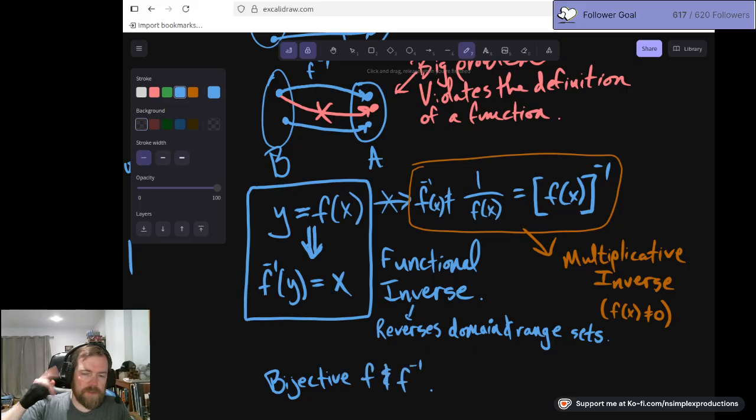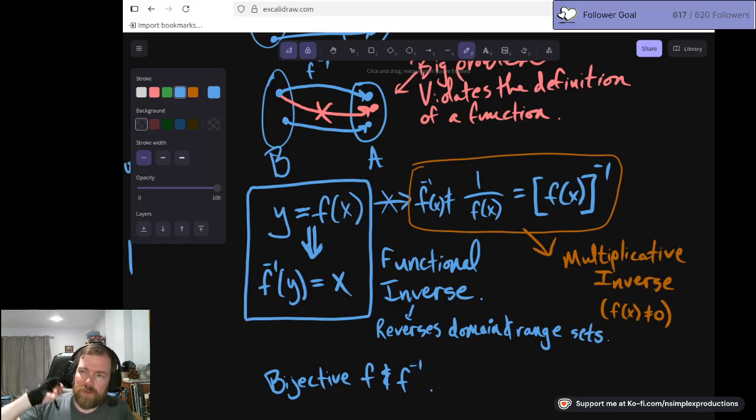Right, this will make sure that f and f inverse are both bijective, because now you have, again, our range set is going to be equal to the image of the domain set. So take your function, plug all of the elements from, in this case, B, well, either way we go, it doesn't matter.